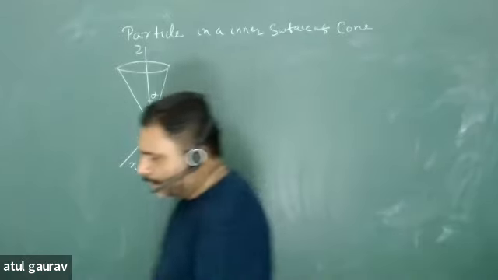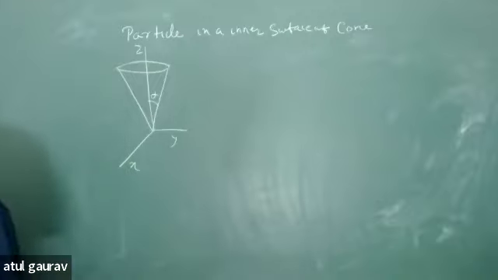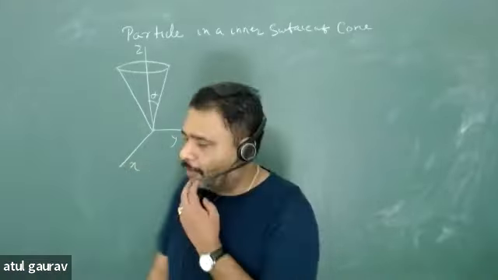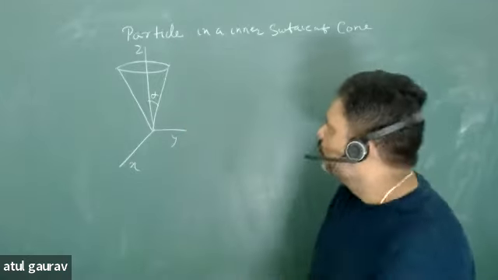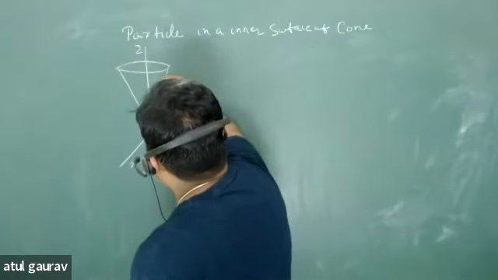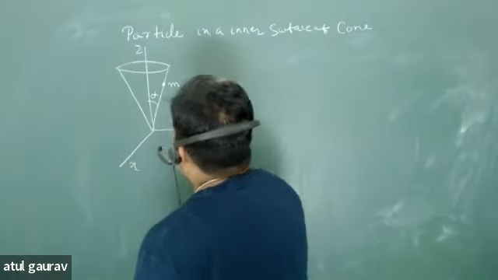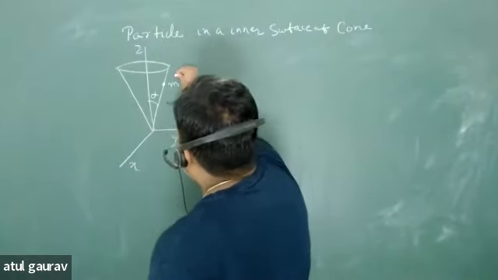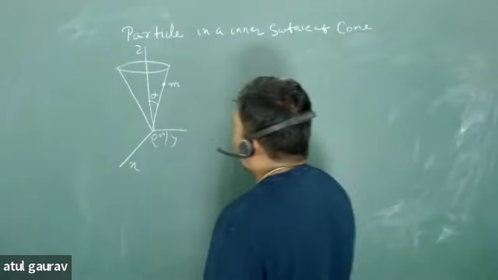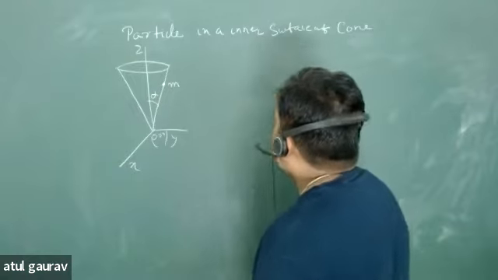In which coordinate system are we talking now? Before this, in which did we solve the problem? In cylindrical coordinates. Here we are going to solve it in spherical polar coordinates. Let's say this is the mass of a particle and the particle is here. Obviously I can take this as the origin, the simplest choice.